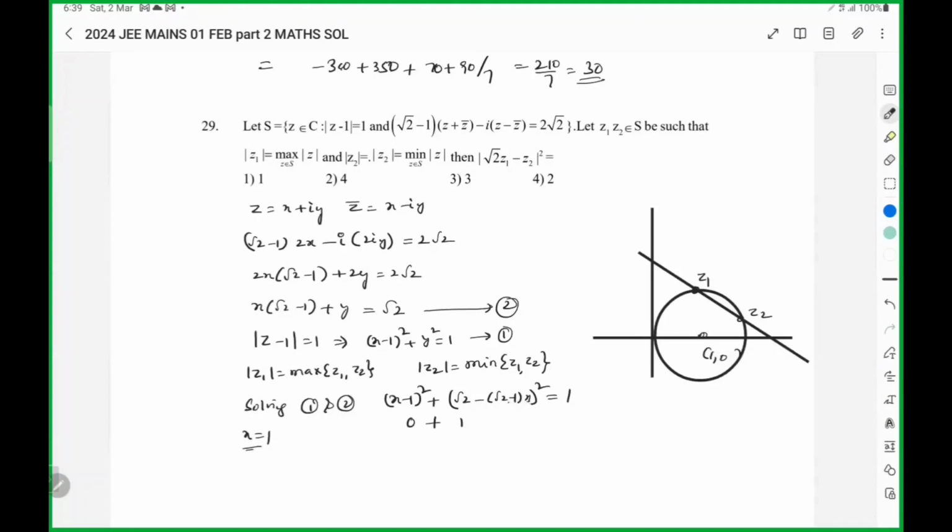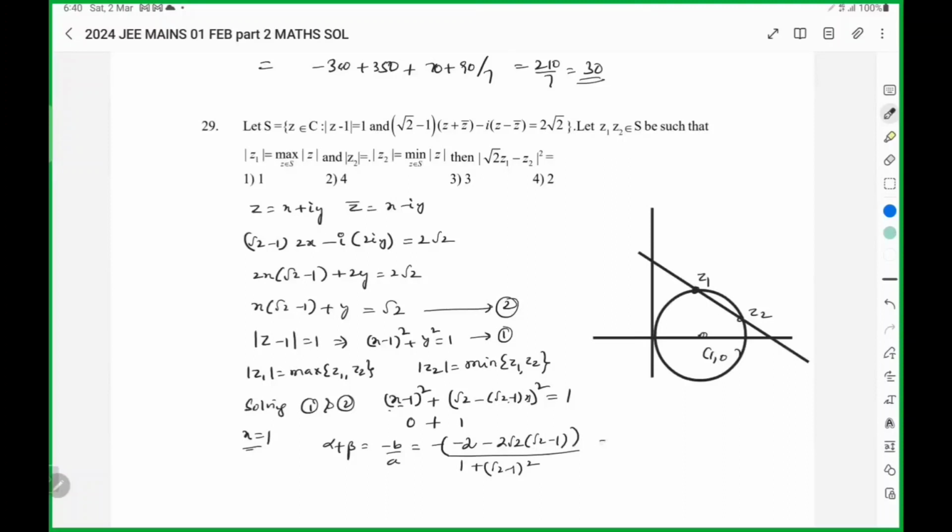To find the other root, the sum of roots will be minus b by a, that is x coefficient by x square coefficient. Here the x coefficient is minus 2 root 2 into root 2 minus 1, and the x square coefficient is 1 plus root 2 minus 1 whole square.